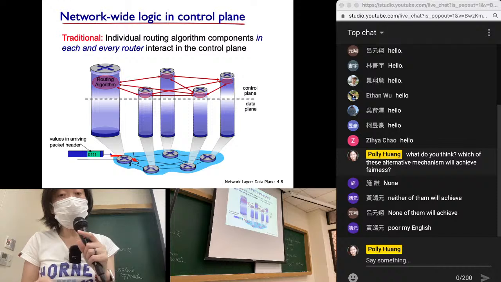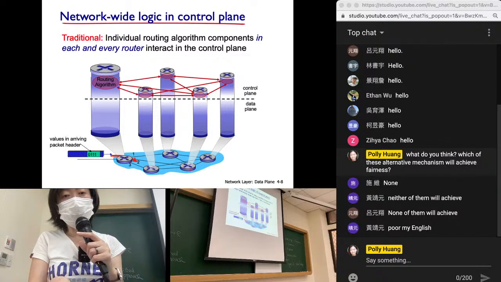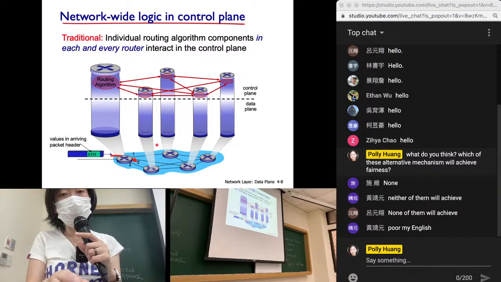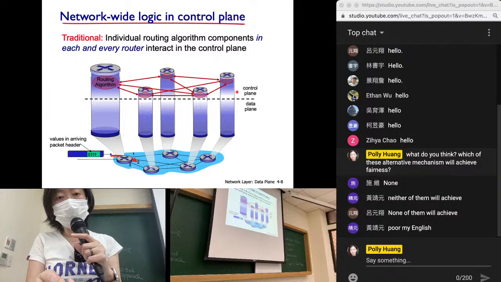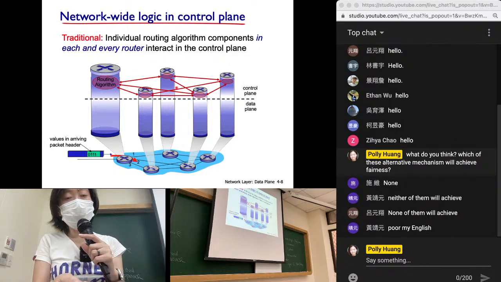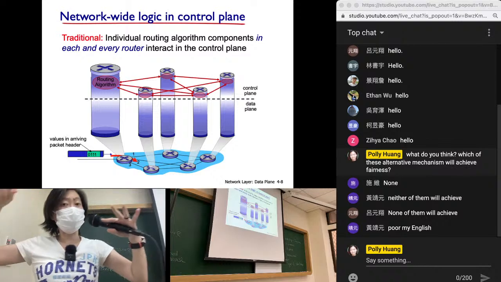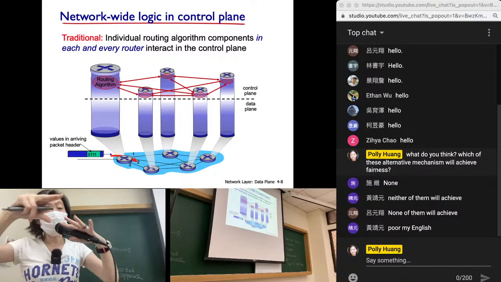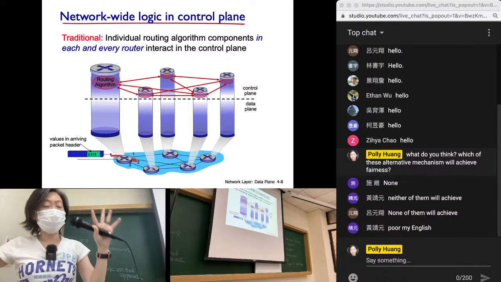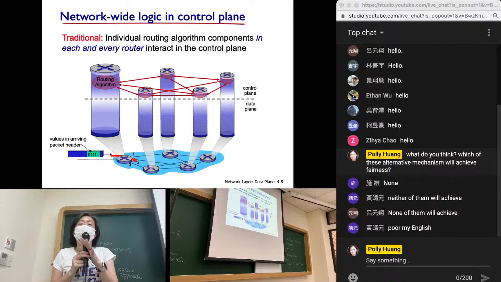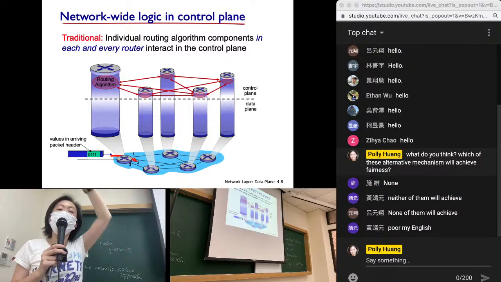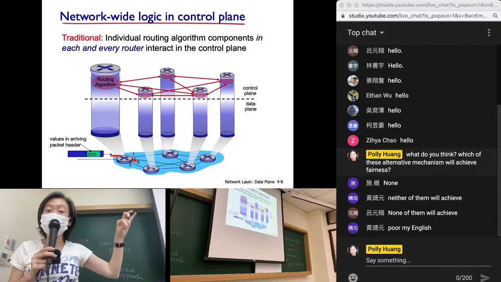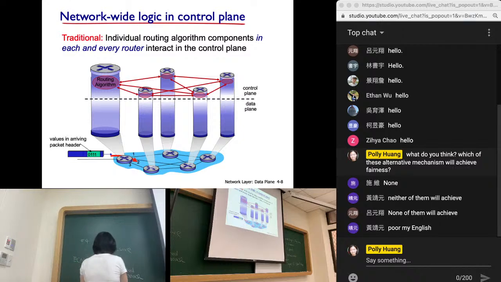In order to find out the routes, the routers need to know the connectivity among each other very well. So these exchanges of messages at the control plane are to acquire the information about the graph, about the network.